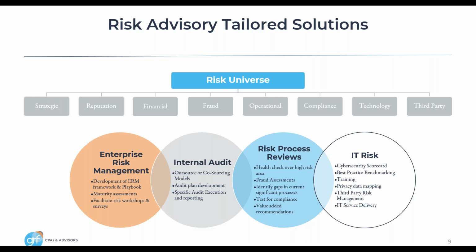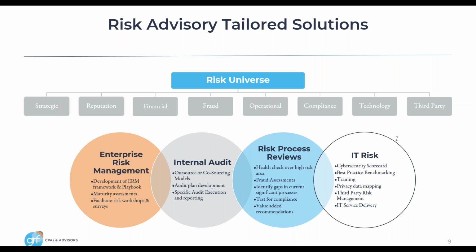And so as we talk about risk, most folks think of financial risk. And so, okay, well, we manage financial risk through annual audits and other kinds of compliance examinations, but that's just one pillar or one element of the entire risk universe that an organization needs to consider.